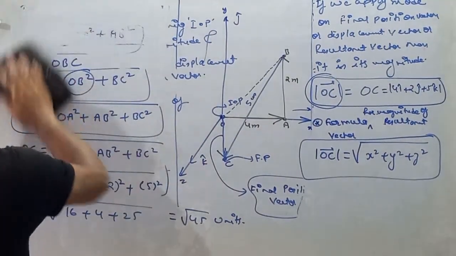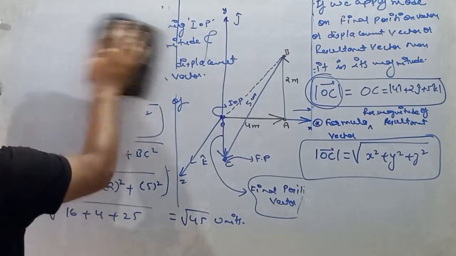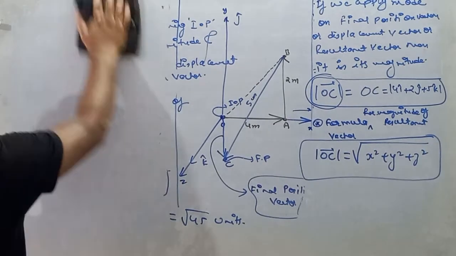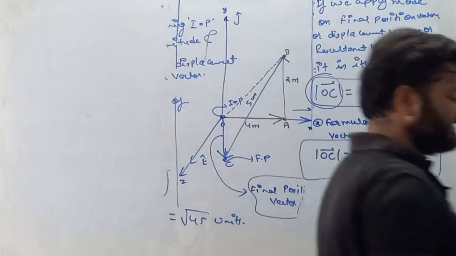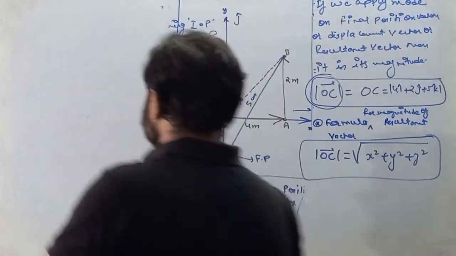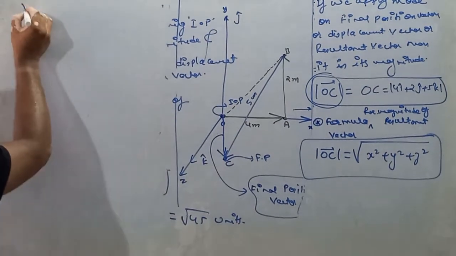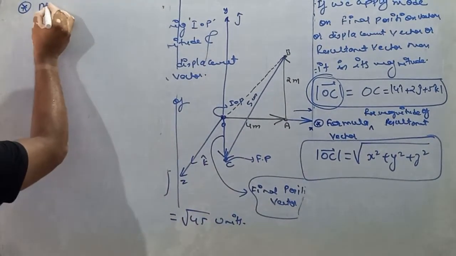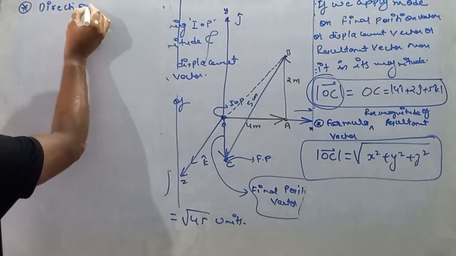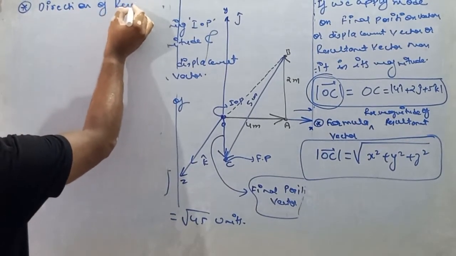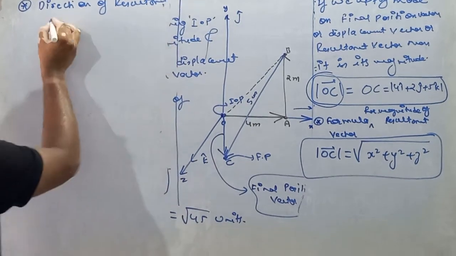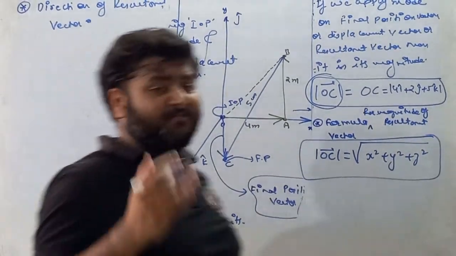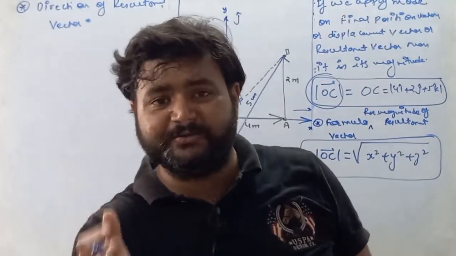Now see, if you want to find the direction of the resultant vector, the direction must be given by a unit vector. We know that in physics for direction we use a unit vector.